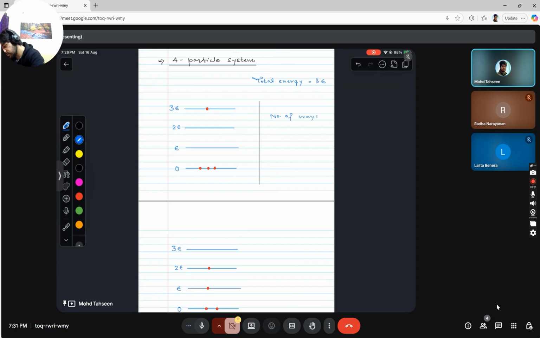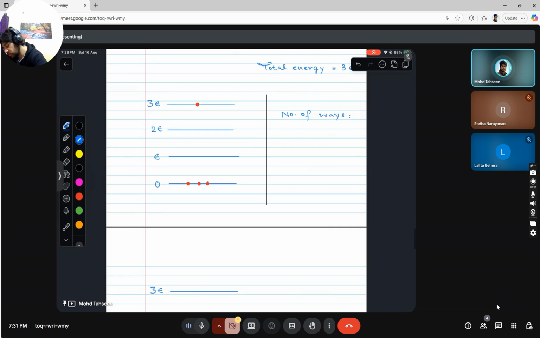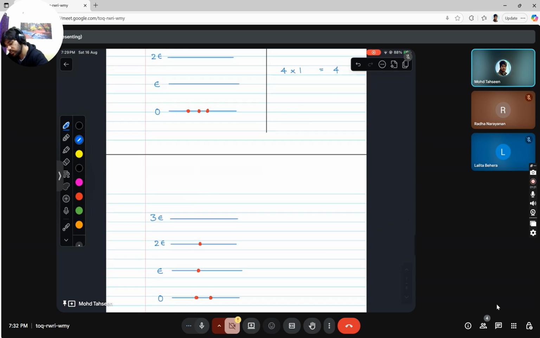If we look at this state here, there are 4 ways to fill this state, and then there is only one way to fill the remaining 3 in a single level. So for the first energy level there are 4 different ways to choose this particle, and the remaining 3 we just put here. There's only one way in which 3 particles can be put in one energy level. So the total number of ways is 4.